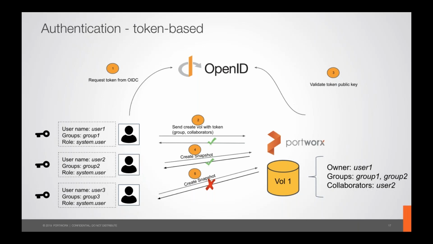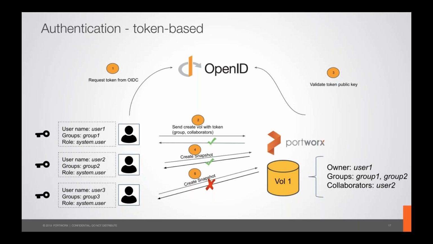Once the user requests this token from the OIDC, he sends the token with the request to create the volume. As a part of the token, he describes who he is, what group he belongs to, and what his role is. He can also describe other things like collaborators and so on, but those can also be added later.